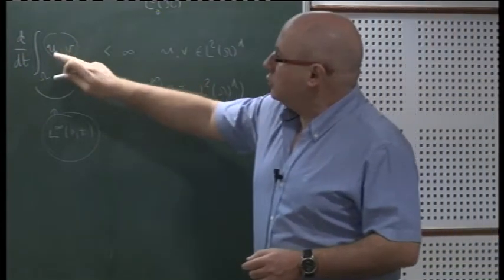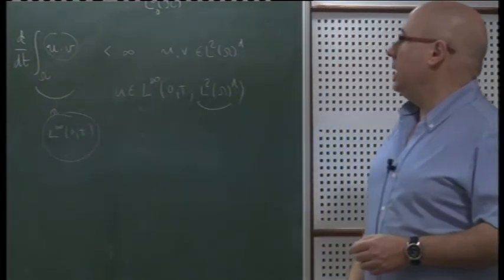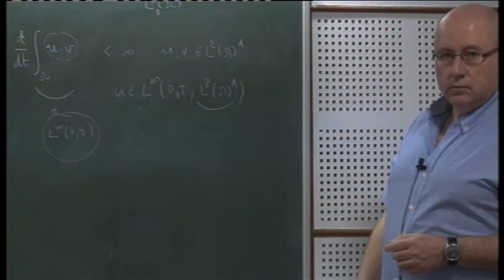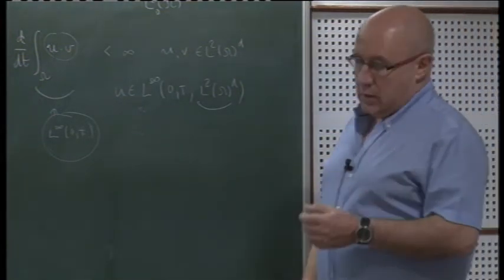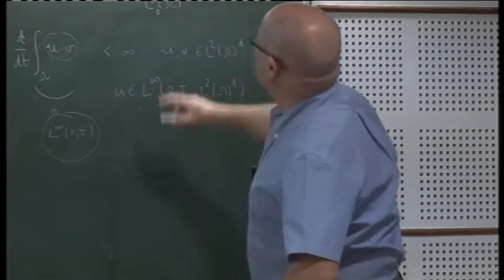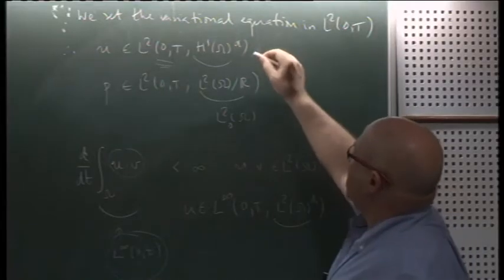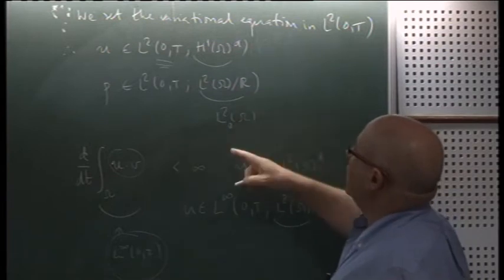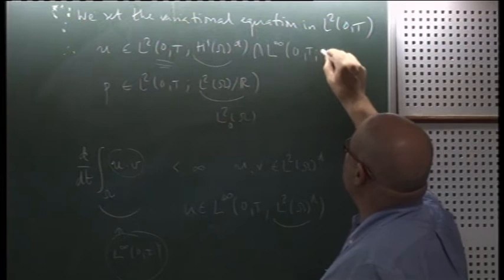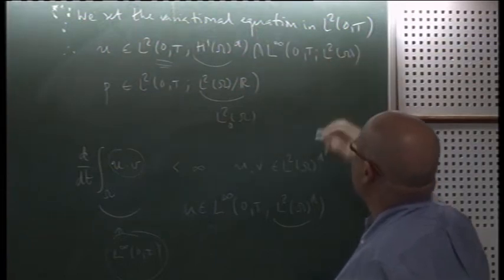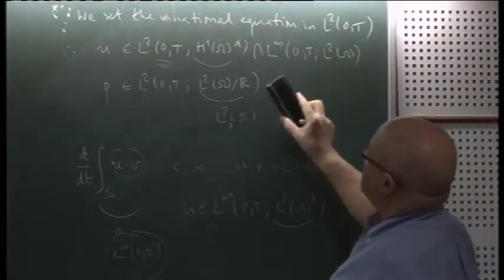So, only the L2 part of u has to be in L infinity. Okay? Do you understand? So, those spaces cannot be compared, this one and this one. And since we have this condition and this one, u altogether has to belong to the intersection of those two spaces. And see what happens.